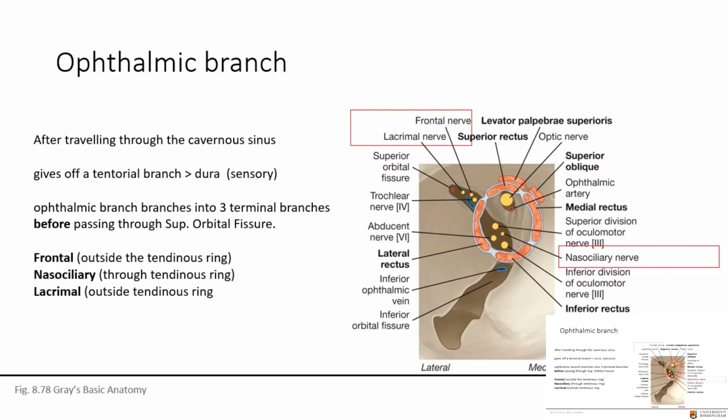The 3 branches of the ophthalmic nerve that will be given before it enters the superior orbital fissure are the frontal nerve, the nasociliary, and the lacrimal nerve.